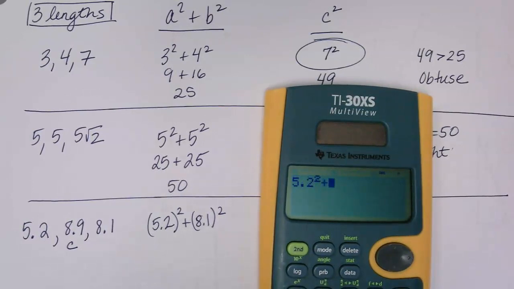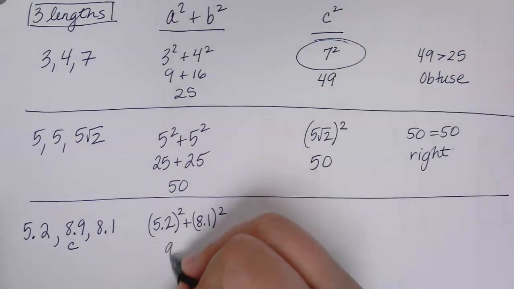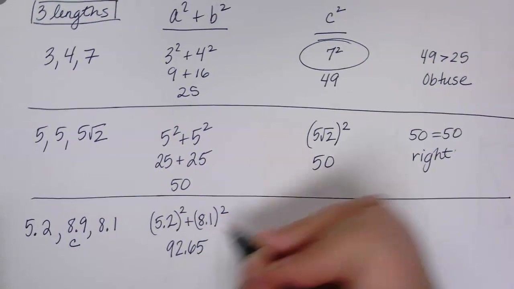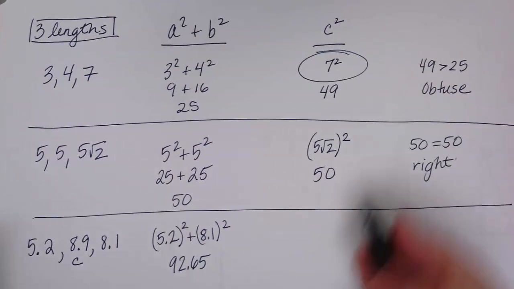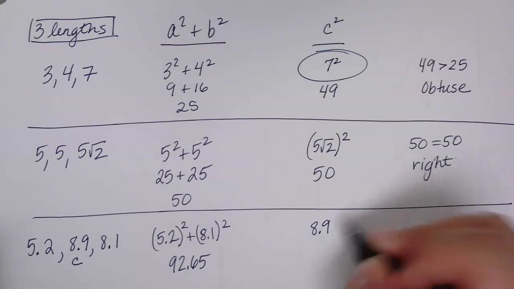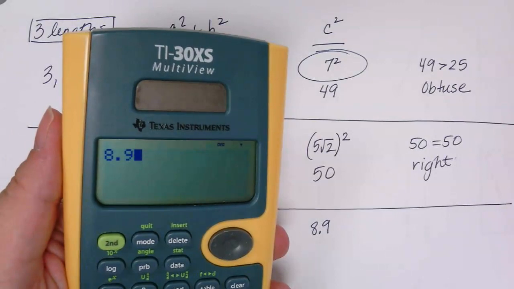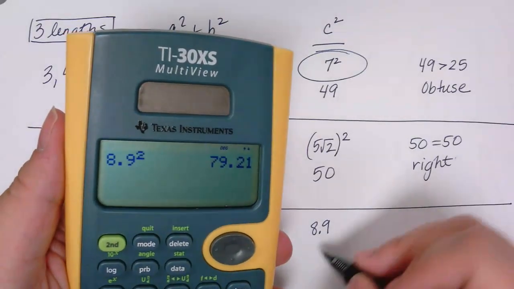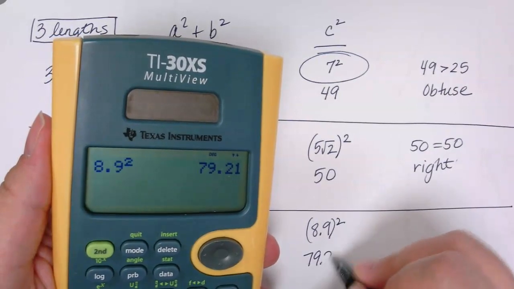5.2 squared plus 8.1 squared gives me 92.65. And then I'm going to do c squared over here. All right, so 8.9. When I square 8.9, I get 79.21.